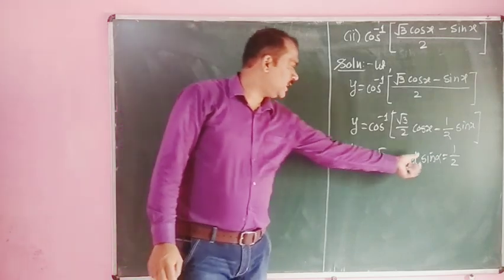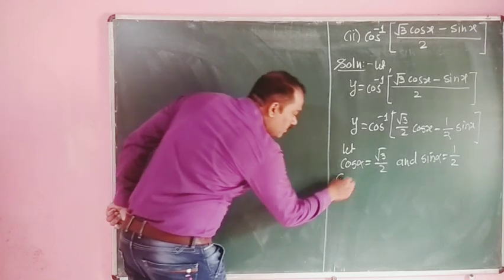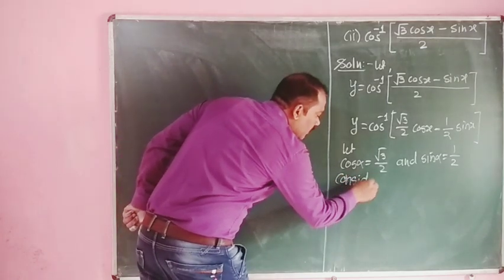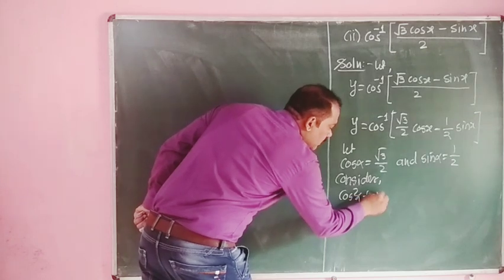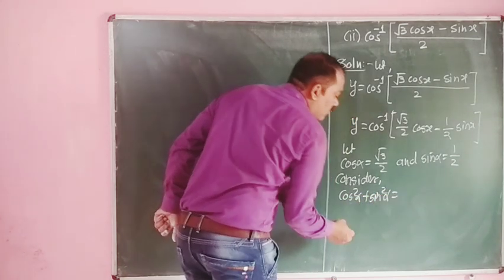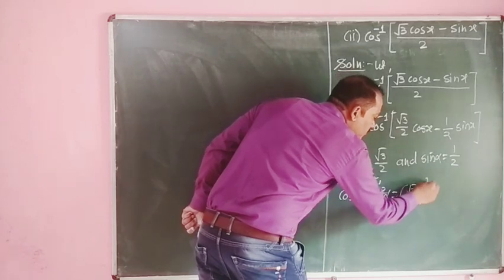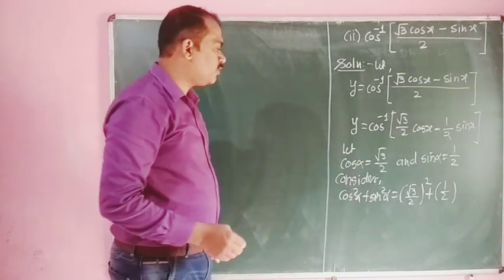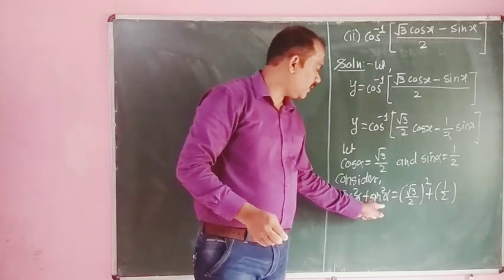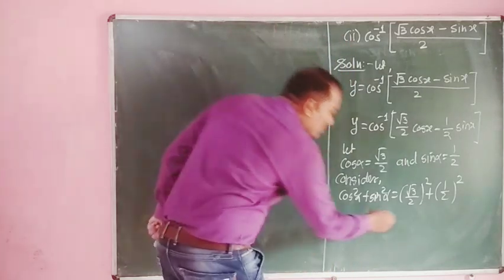First of all, we have to check these values are correct by using the identities. So we consider cos square alpha plus sin square alpha equal to root 3 by 2 whole square plus sin alpha, which is 1/2, whole square.